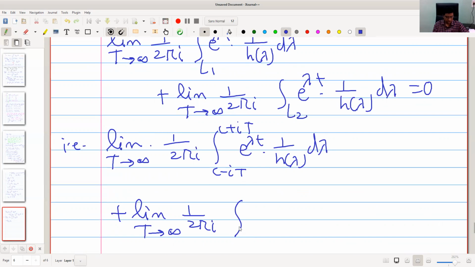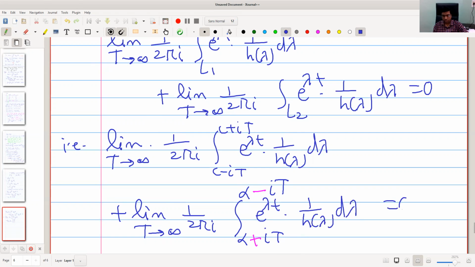The lower limit is alpha plus it and the upper is alpha minus it. T should be capital. Now we can interchange limits and put a minus sign here.